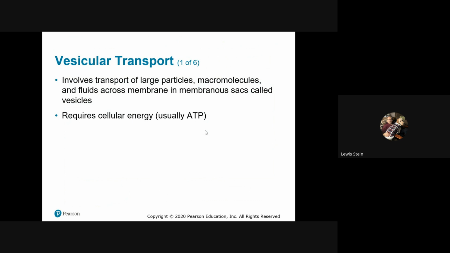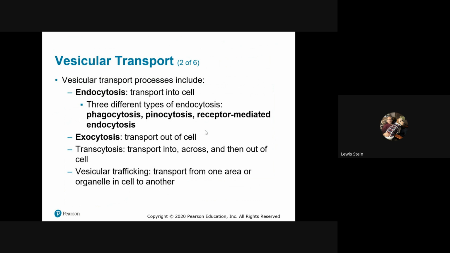So they either envelop something and bring it in, or they create a membrane around something they're going to spit out, send that over in close proximity and join it to the cell's outer or cell membrane and basically spit it out. And in order to do this, you're constantly using energy. It's another large energy drag, so to speak. It's another way that we have to spend a lot of our ATP.